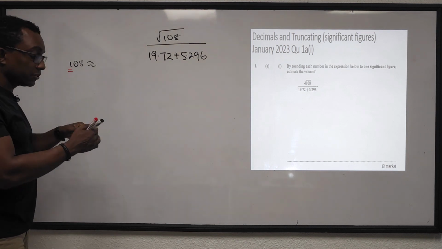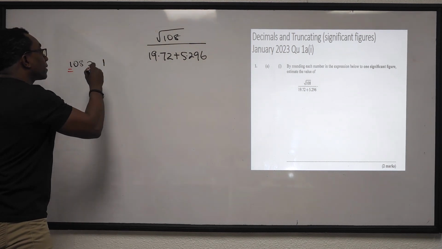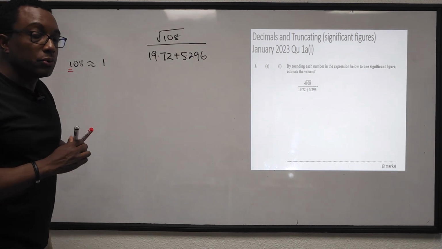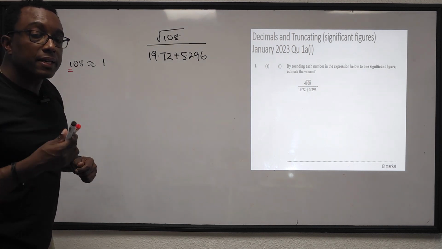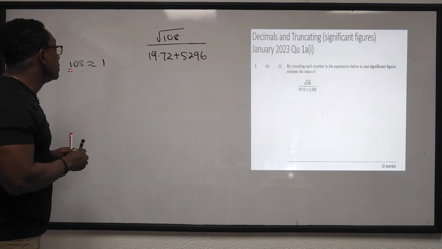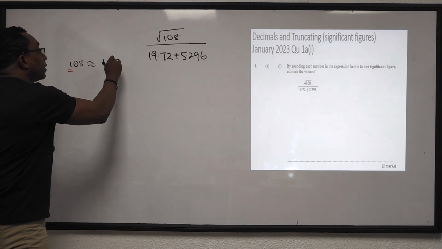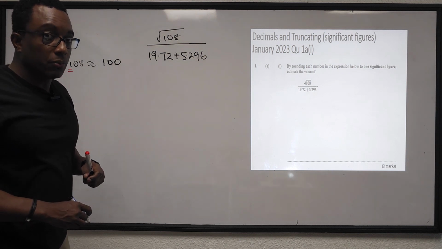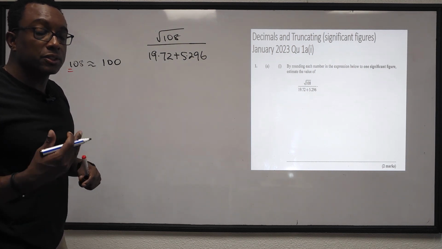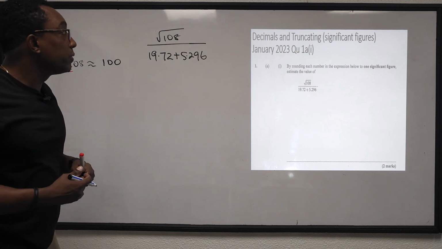So this 1 here stays as is. But what we always do for whole numbers, we always replace the remaining digits of the whole numbers with zeros. So therefore, we're not going to write 108, but we're going to write 100. All remaining digits of the whole number must be replaced with 0.